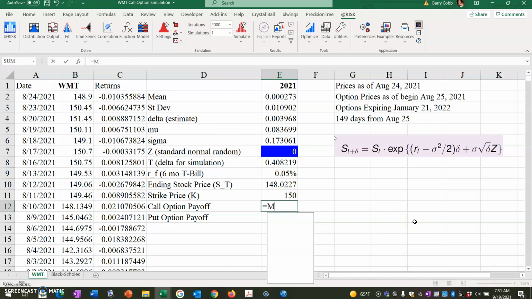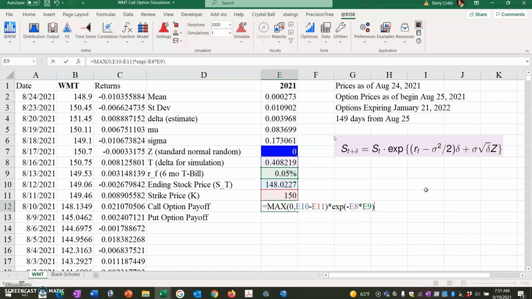The call option has a payoff that is the maximum of 0 or the ending stock price minus the strike price. Now we're going to discount this at a continuous rate, and to do that we would use the exponential function with a negative sign because we're discounting, times delta for the simulation times the risk-free rate.